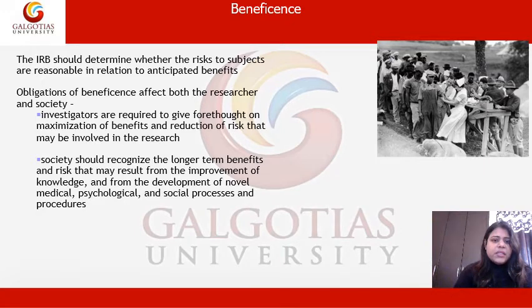Investigators are requested to give forethought to the maximization of benefits and reduction of risk that may be involved in the research. Society should recognize the longer term benefits and risks that may result from the improvement of knowledge and from the development of novel medical, physiological, and social processes and procedures.